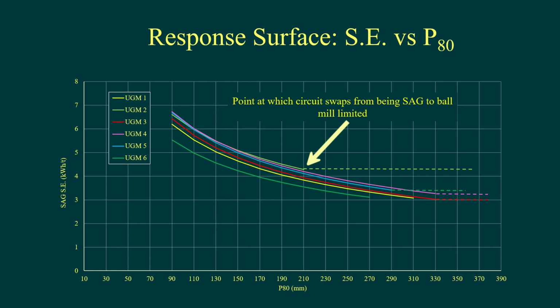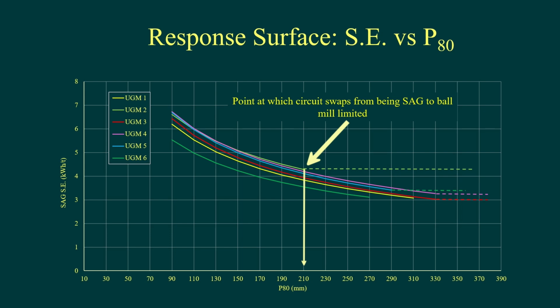And their model recognizes that point in the sense that for P80s, and let's take this green line up here as an example, if the P80 in the ball mill circuit is less than 210 microns, it is finer, then the circuit becomes ball mill limited.